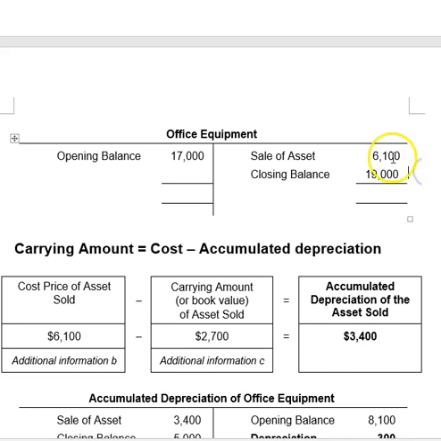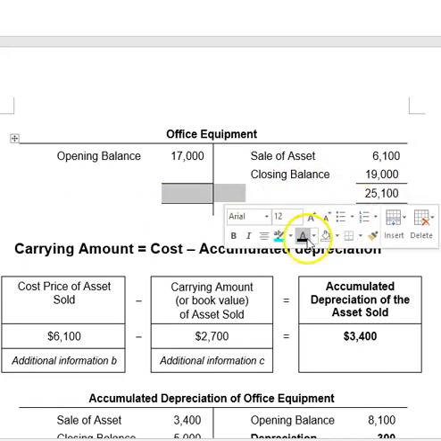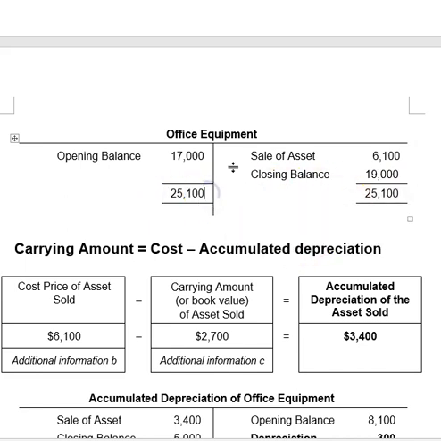So I need to find out how much money I have spent on the new office equipment. What I can do here is balance off this account. 6,100 plus 19,000 equals 25,100, so you will have 25,100 here as well.